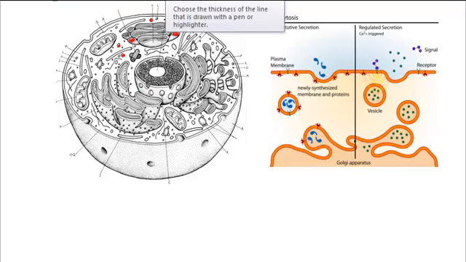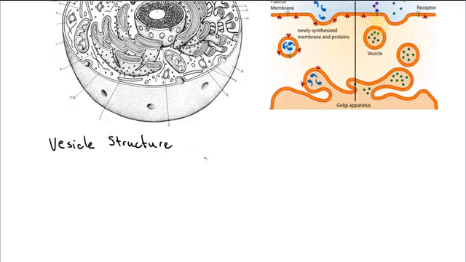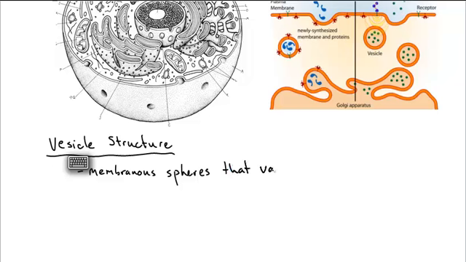So if we're looking at their structure, they are membranous spheres, typically spherical, that vary in size but are very small in most animal cells.